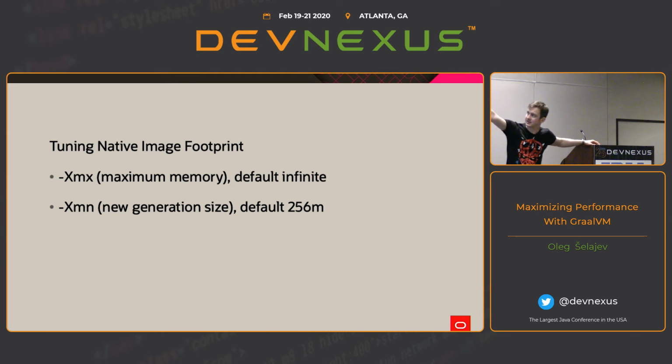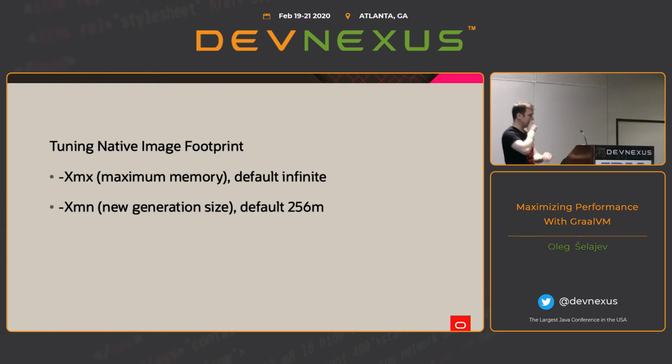So there are 2 keys that you would like to maybe play with: the max memory size and the young generation size. And the implementation of the garbage collection that goes into the native image is that before the young generation is filled, there is no garbage collection happening. So if you put young generation at 100 megabytes, right, it would at least use 100 megabytes, because there will be no reclaiming memory before that.